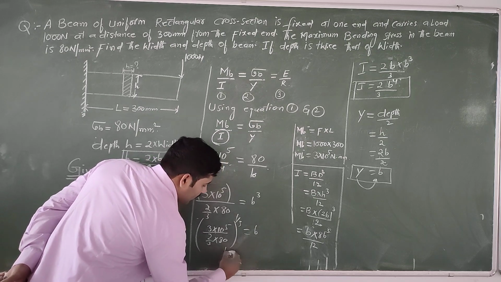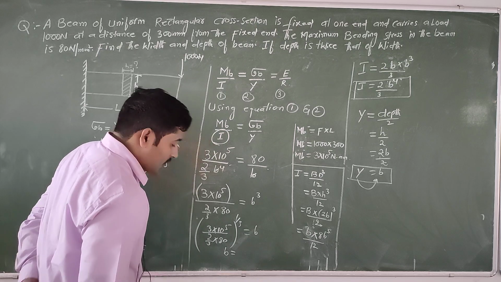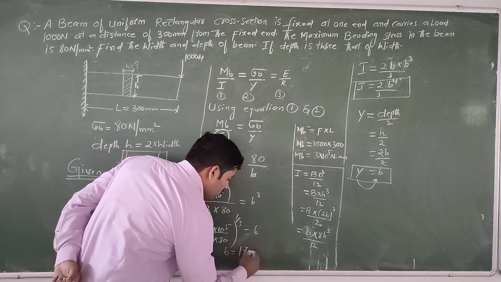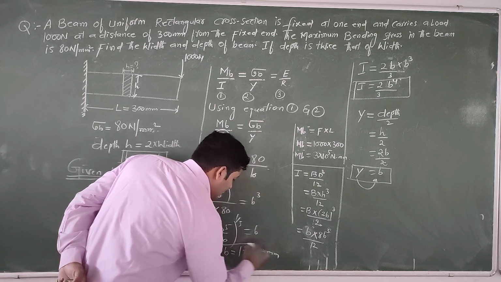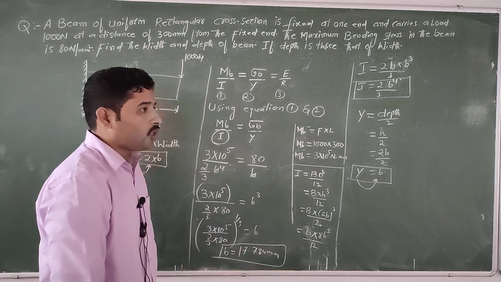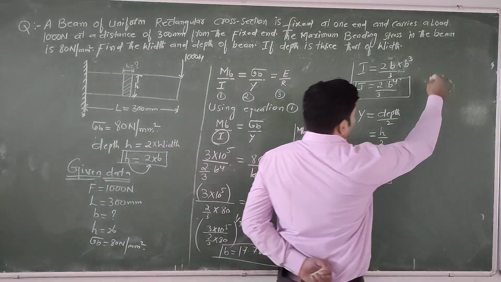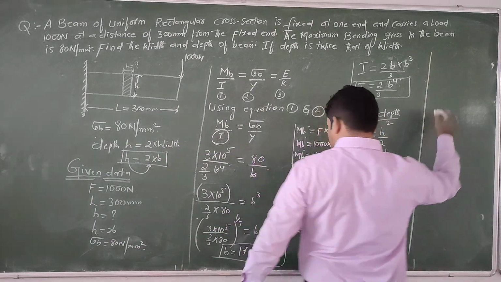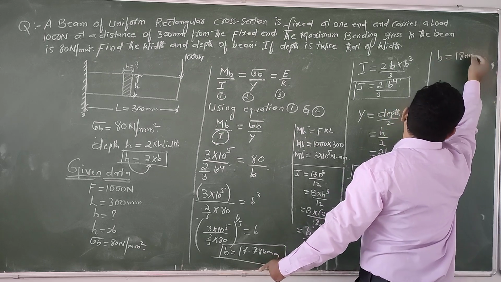So I am getting the answer b equal to 17.784 mm. This means it is approximately equal to 18 mm. So B equal to 18 mm.